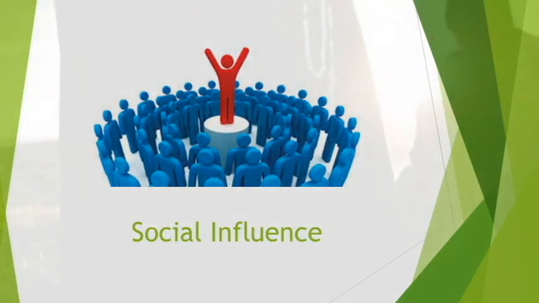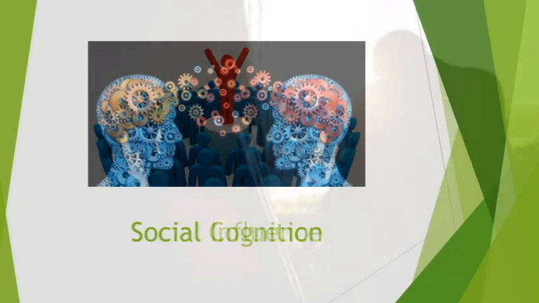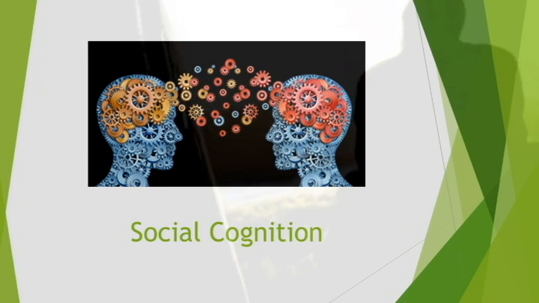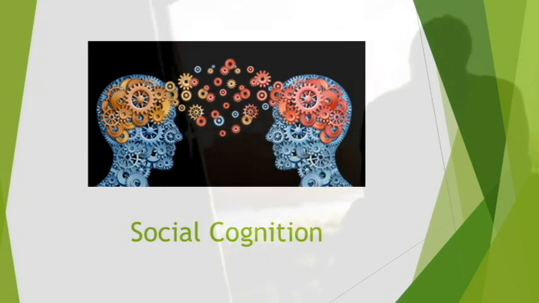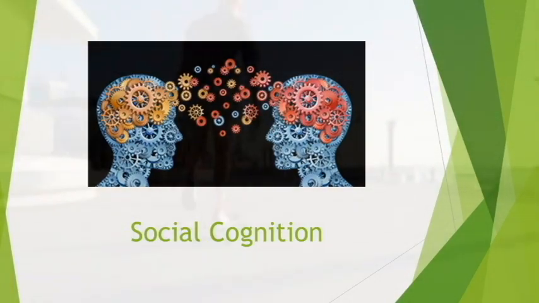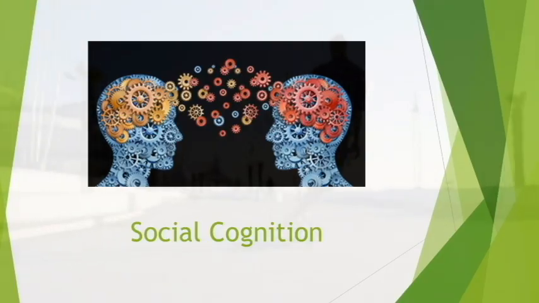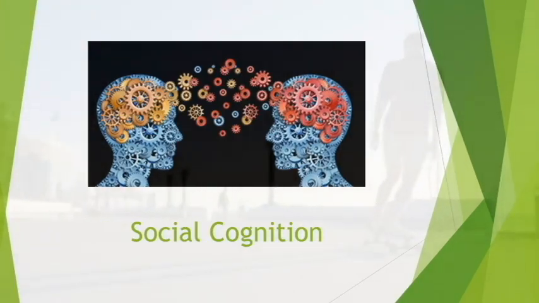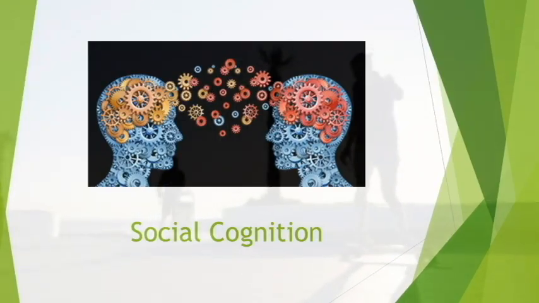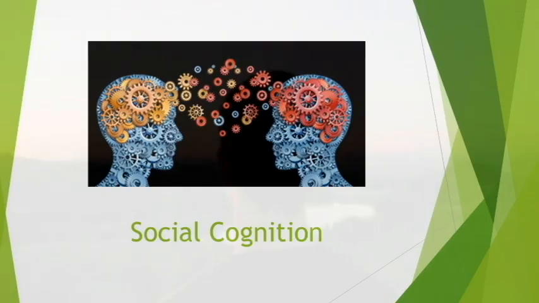So beyond conformity and obedience, social influence also involves persuasion, the process of changing someone's attitudes or behaviors through things like communication. Persuasion can be used for positive purposes, such as encouraging healthy behavior, or for more manipulative ends like advertising.